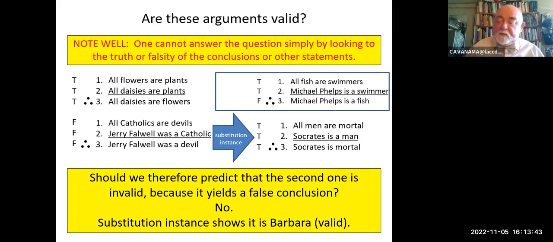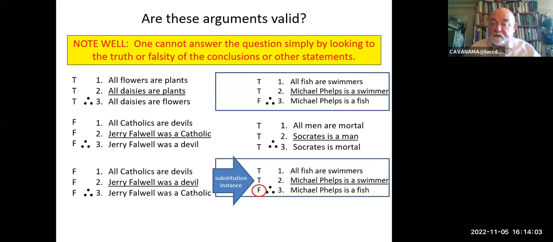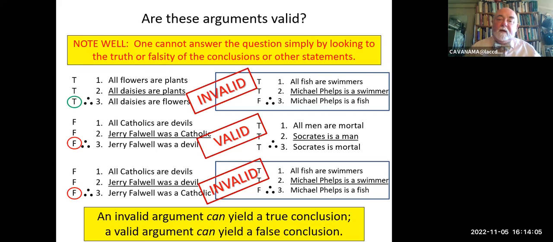But again, we have to look beyond the substance to the form. And the third one seems kind of similar to the second one, except in this case, we don't get the barber syllogism, we get Michael Phelps again. So the third one is invalid, the first one is invalid, the second one is valid. Kind of counterintuitive. Not the pattern that we would expect.